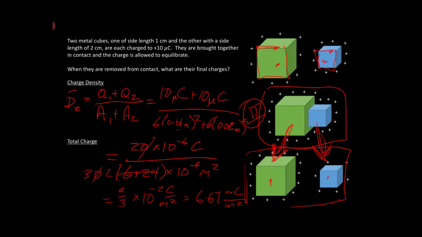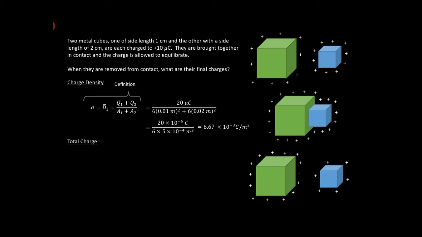That's less than the 16.7 millicoulombs per meter squared from the previous example, and it should be less because this one has about 1/4 the charge density of that one. So when you add them together, it should be less than the last one and more than 1/4 of it. Okay, so there that is.